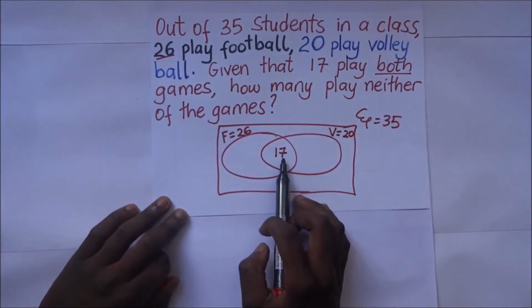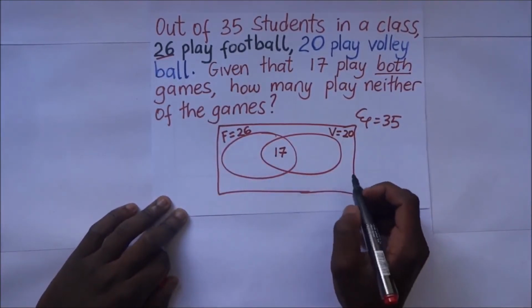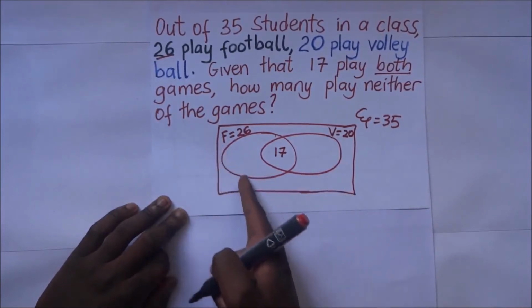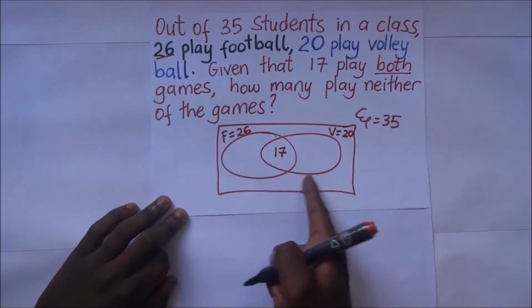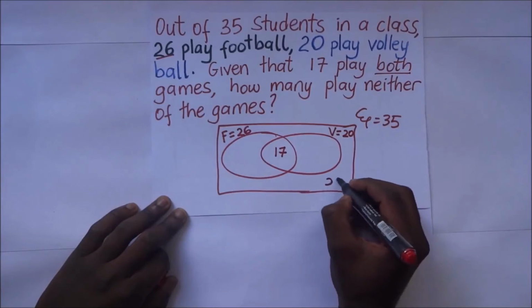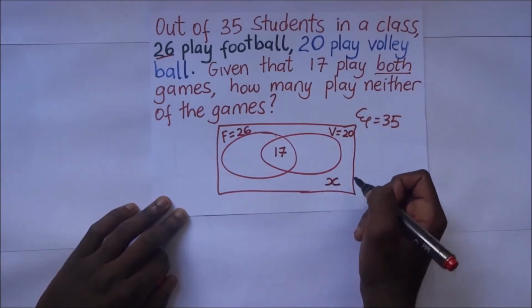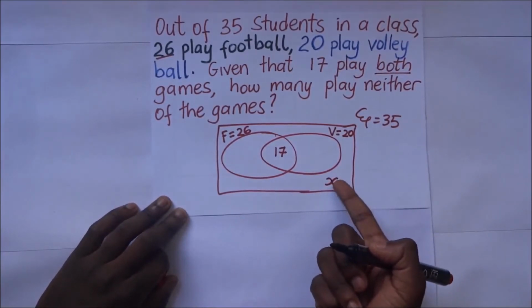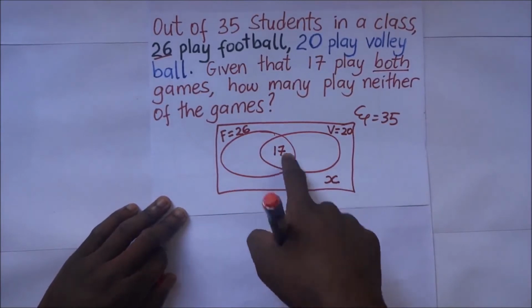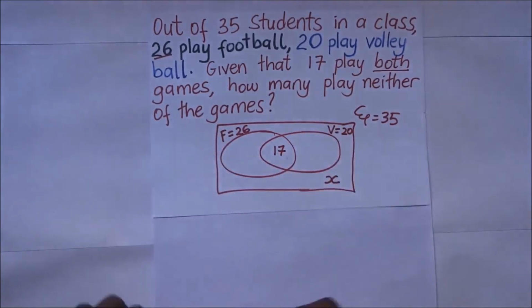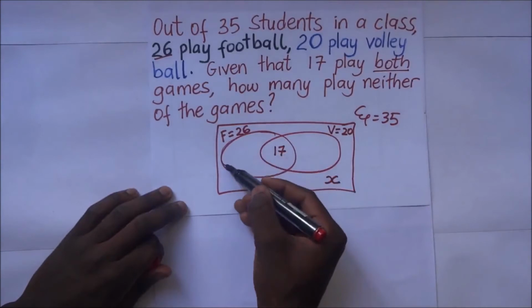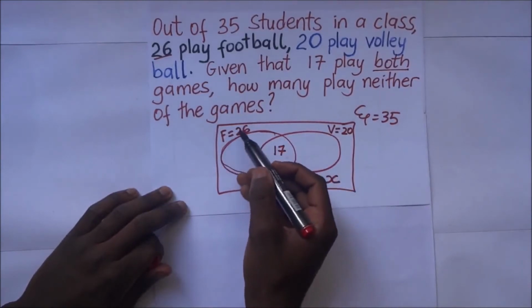Given that 17 play both games, how many play neither of the games? Those that do not play any of the games are outside the circles. Let's call them an unknown x. So our task here is to find this value of x. So if 17 are playing both football and volleyball, then in this portion here, we are having those that play football only.